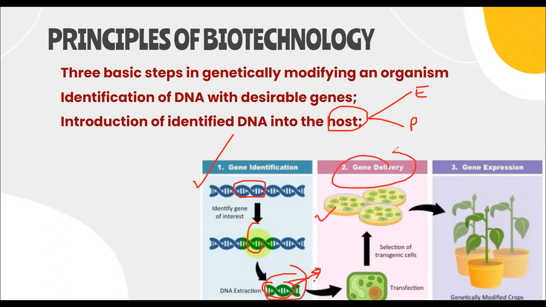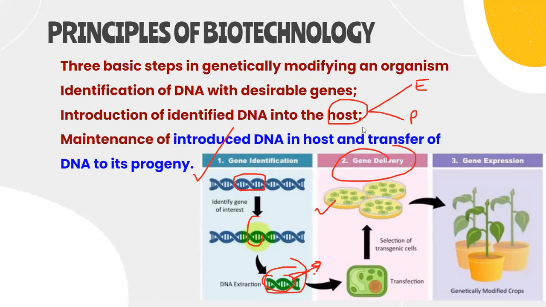This is the second step, that is introduction of the identified DNA into the host, and then maintenance of the introduced DNA in the host and transfer of this DNA to its progeny, and then you scale up to a bigger level.